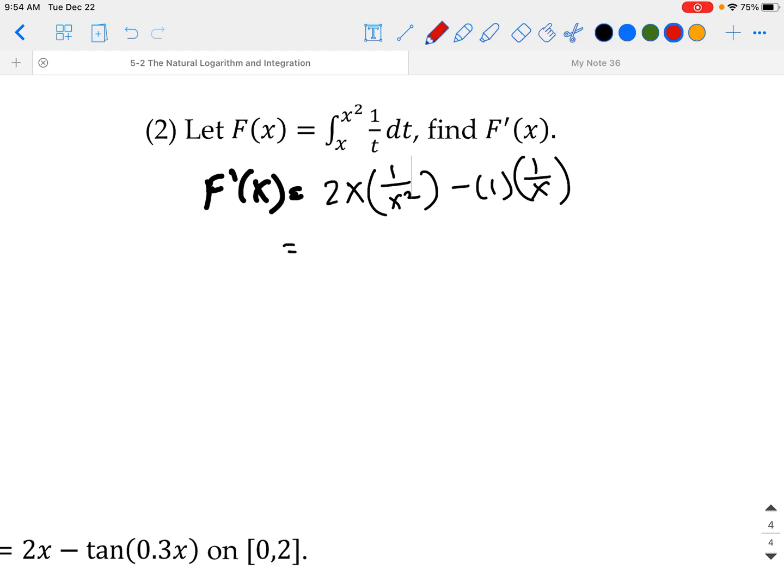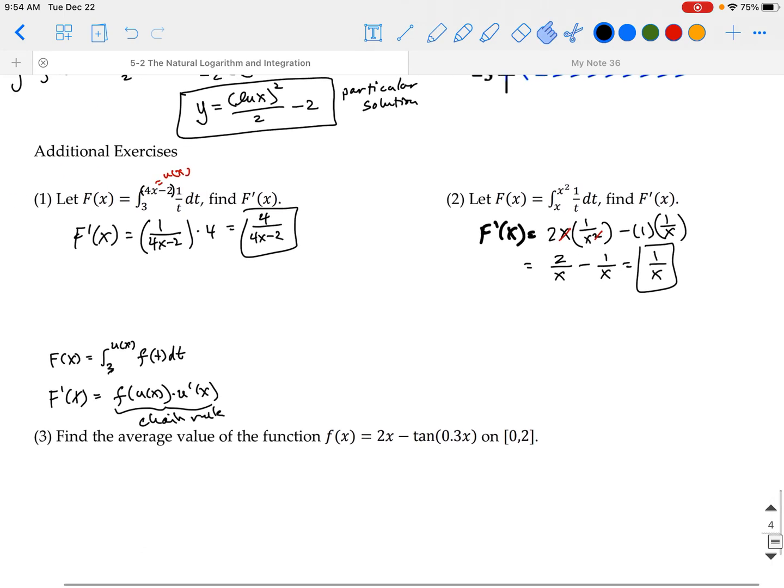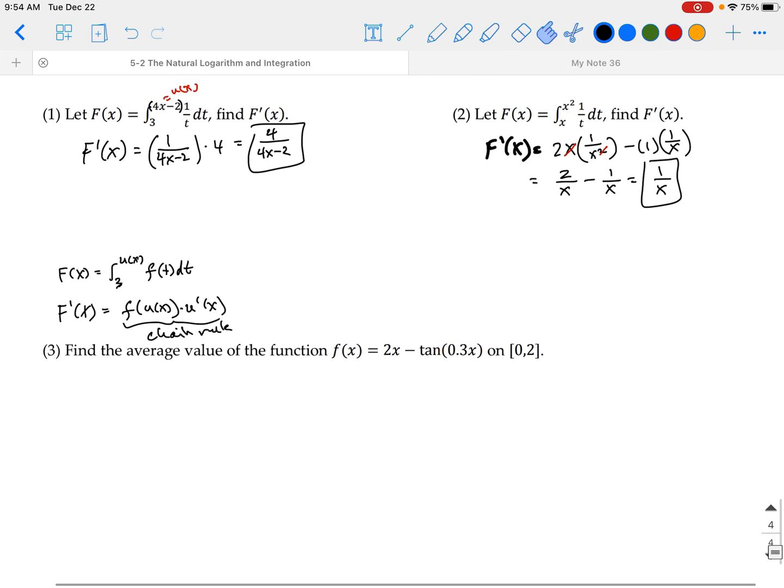But when we do that, we can see that we're going to be able to cancel an x in that first term. So we'll end up with 2 over x minus 1 over x, which equals just 1 over x. So again, all of those previous topics that we've looked at from chapter 4, chapter 3, chapter 2, chapter 1 are all going to be blended in with these new functions.